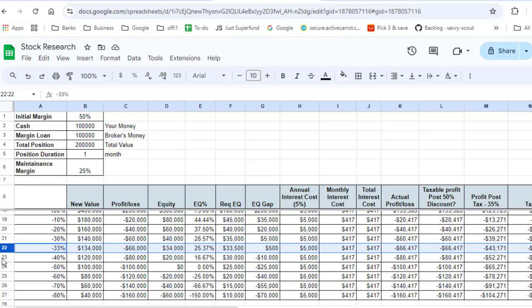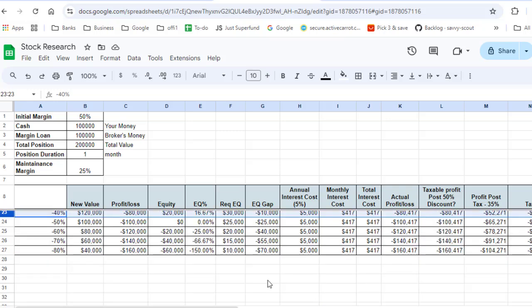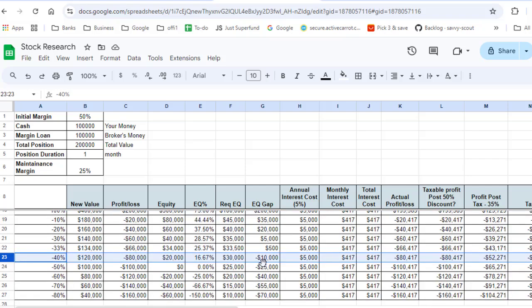But if let's say the stock drops by 40%, in that case, margin call is invoked and you are asked to put money in the margin account. How much money will you need to deposit? $10,000. If you put $10,000, then the equity percentage or the margin percentage becomes 25%. If the stock keeps on falling, then you will need to put more and more money, as you can see over here.